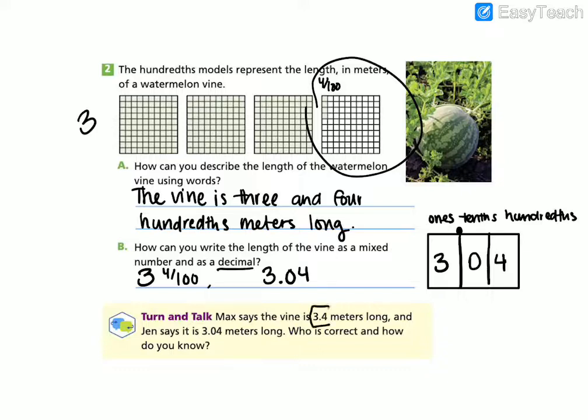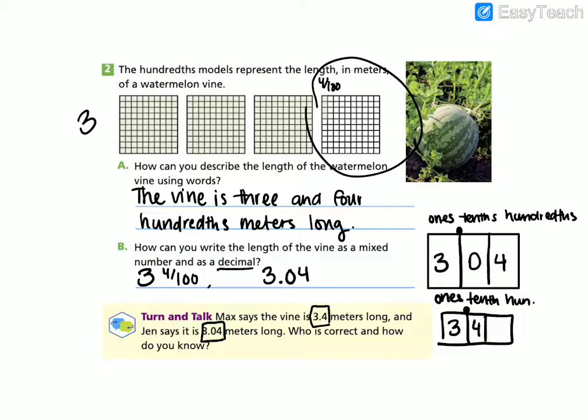Now down here it says Max says the vine is 3.4 meters long. Jen says it's 3.04 meters long. Who's correct? Well, let's put Max's into a model, or our place value chart. He says it's 3.4.